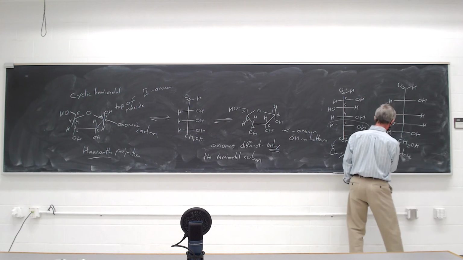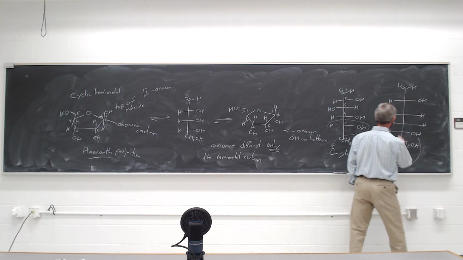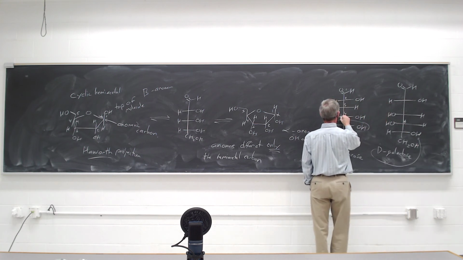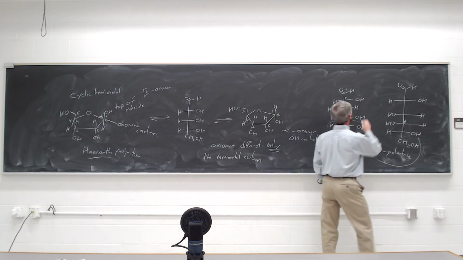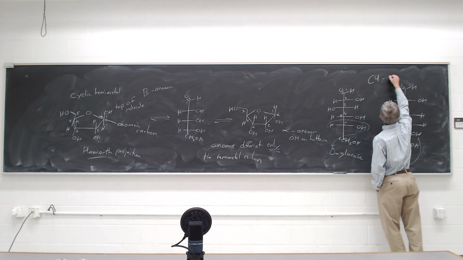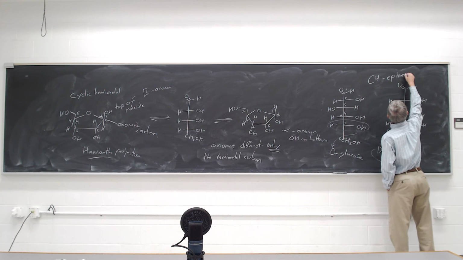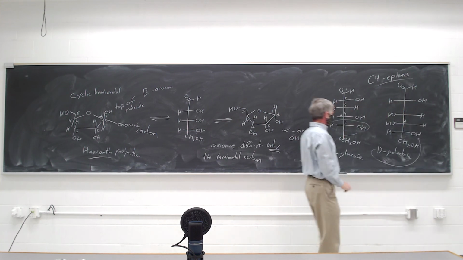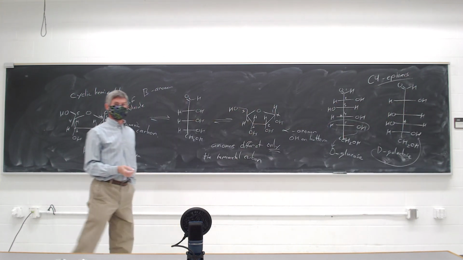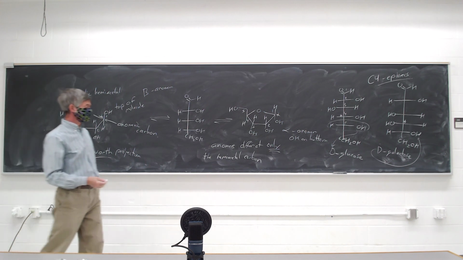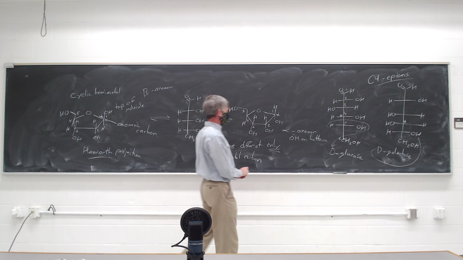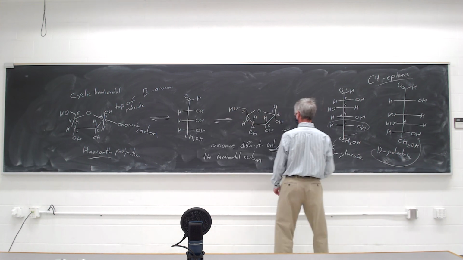It's still the D series sugar because this OH is still on the right, but it is a C4 epimer of glucose. Galactose is one of the two monosaccharides that are present in milk sugar, aka lactose, which is an important sugar.